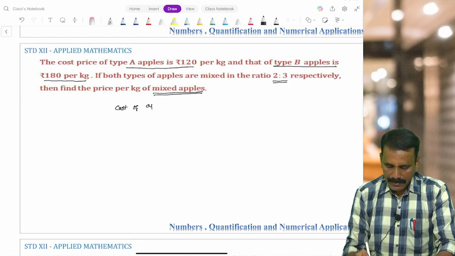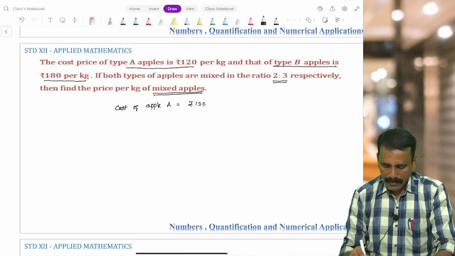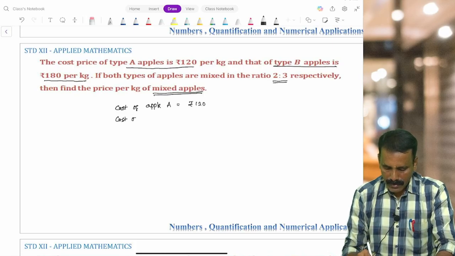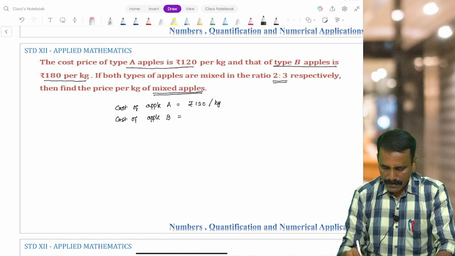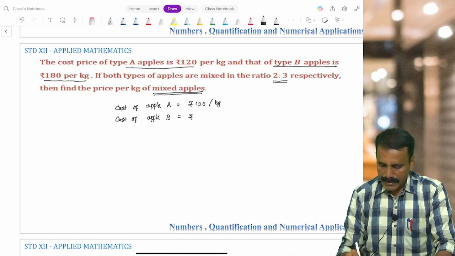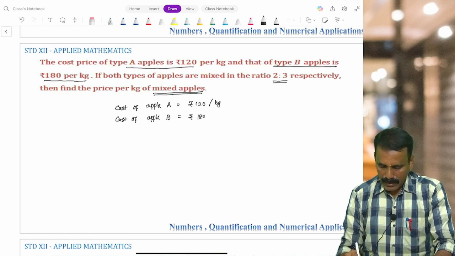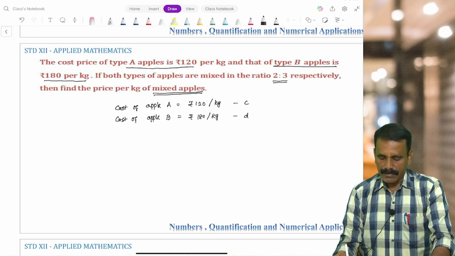Cost of apple A, which is given to be rupees 120. Cost of type B apple, rupees 180 per kg, and this is taken as C and this is taken as D. C for cheaper and D for dearer.